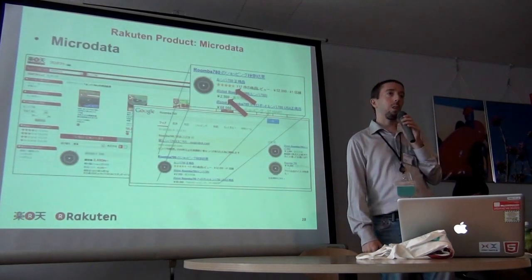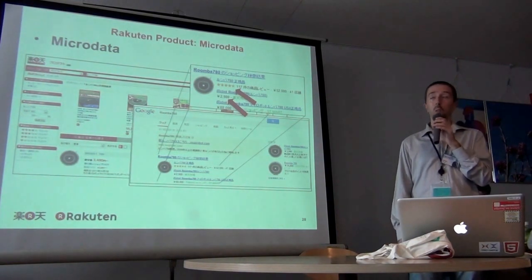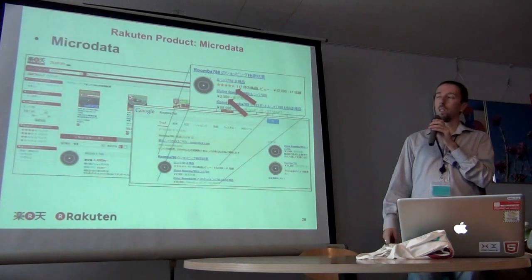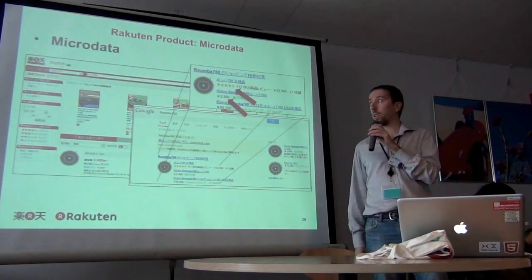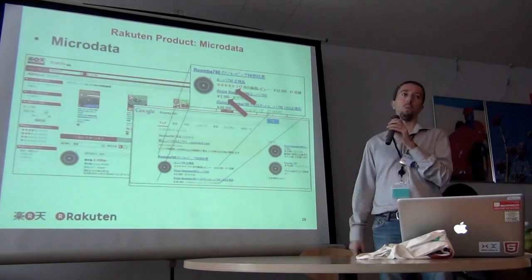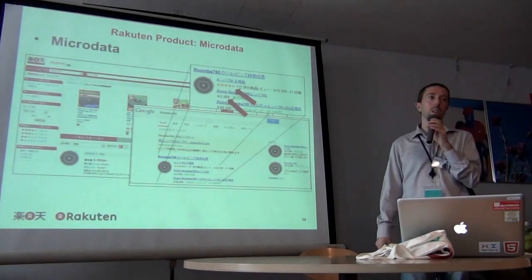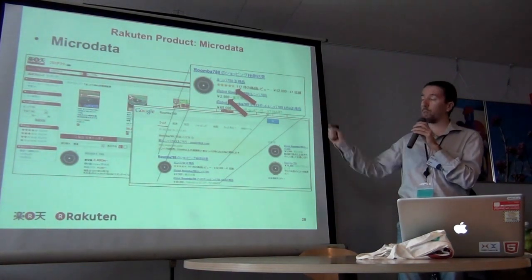We are also using microdata. And this is a very important feature for SEO because we can give search engines information like the rating of a product, the price, and the users can check it out directly on search results before coming to the website. So, of course, they are more likely to click this link before other sites, right? Because we've got this information displayed.